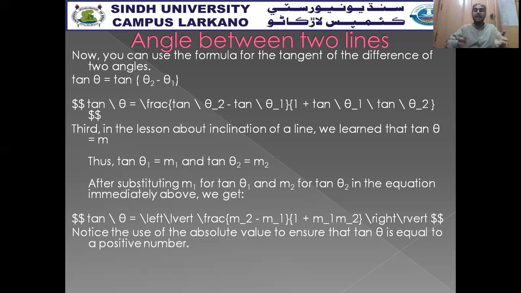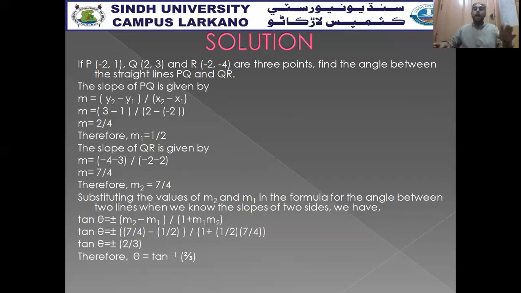Let's begin with the next slide. Here is a solution. I pick up a sum for you guys. Solve: if P(minus 2, 1), Q(2, 3) and R(minus 2, minus 4) are the 3 points, find the angle between straight lines PQ and QR.